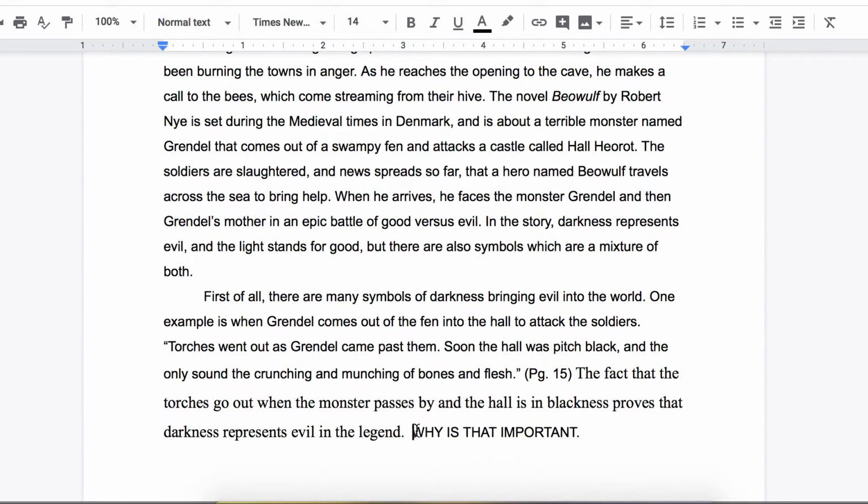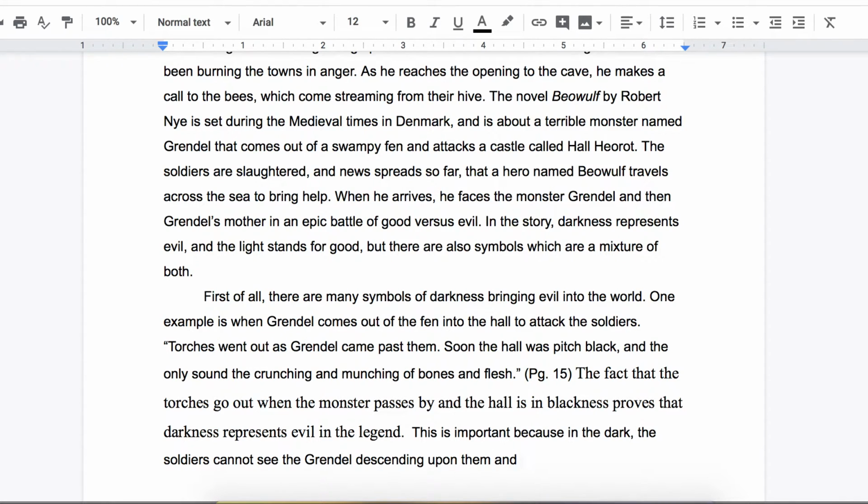Now we go to the go deeper. So why is it important that the torches go out and blackness represents evil in the legend? Okay, so why is that important? This is important because in the dark, the soldiers cannot see Grendel descending upon them and tearing them to pieces.